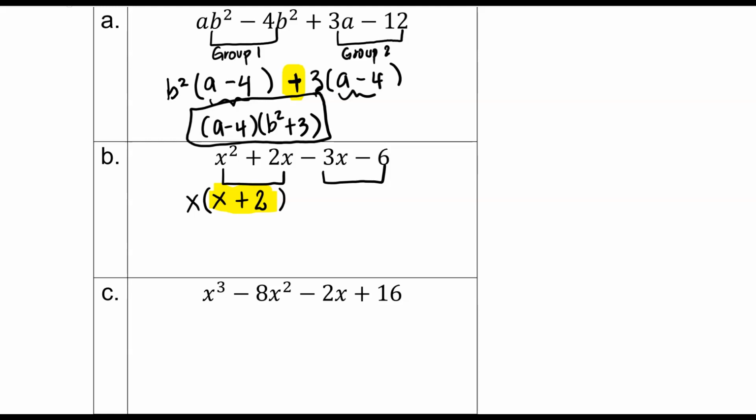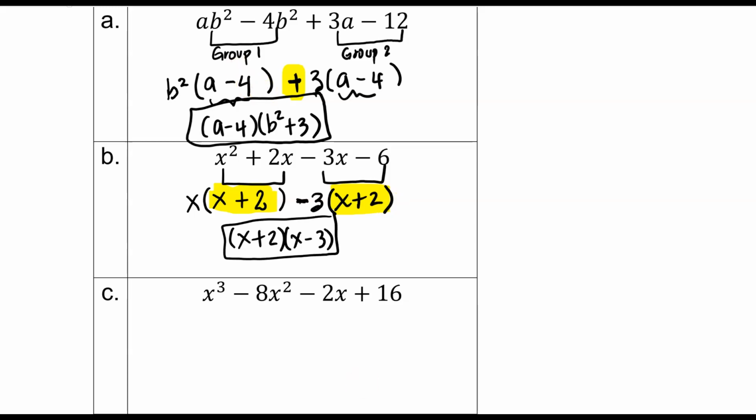And so in order for that to happen, we need to take out a negative 3, because then that will flip our sign to x plus 2 here, and that's what we want. We want these two parentheses to match. If they don't match, we cannot proceed to the next step. So our final answer is x plus 2 times x minus 3.